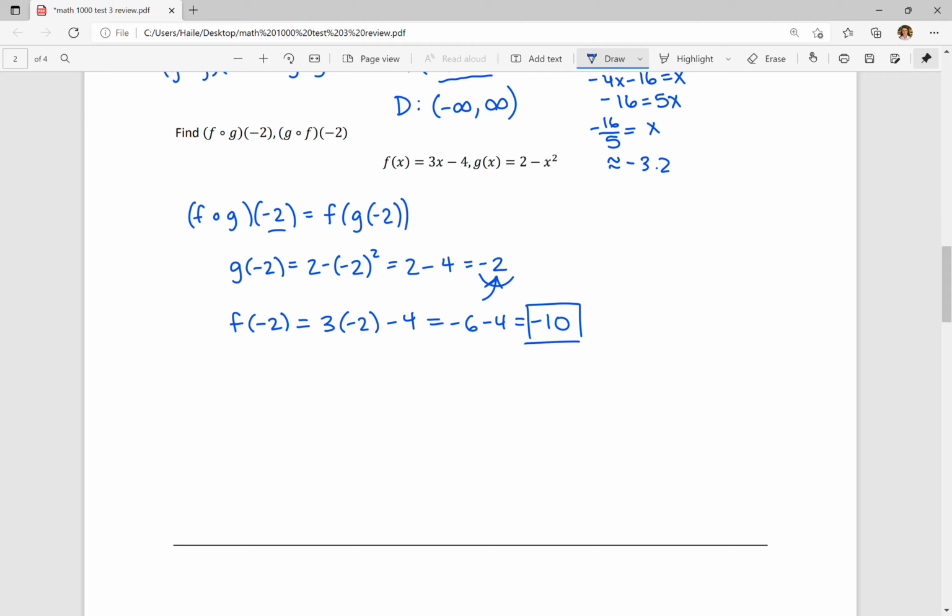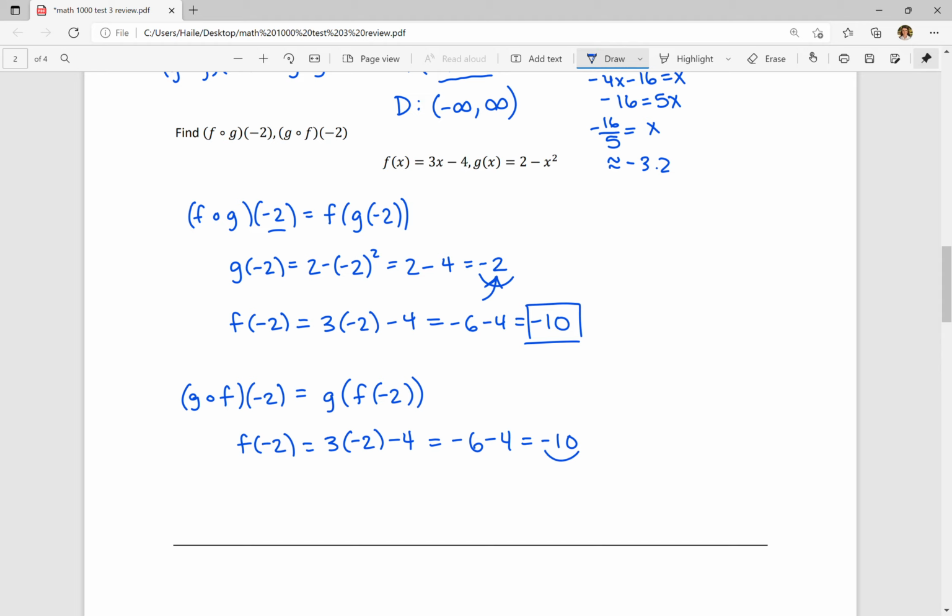All right, we're going to do one more. So we're going to find g of f of negative 2. So this is the same idea, except now f is the thing we're going to find first. So f of negative 2 is what we want to find first, and we kind of just found that, but I'll do it again. So we have 3 times negative 2 minus 4, which is equal to negative 6 minus 4, which is negative 10.